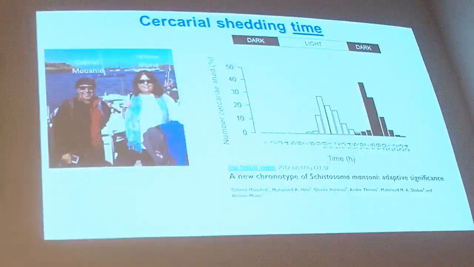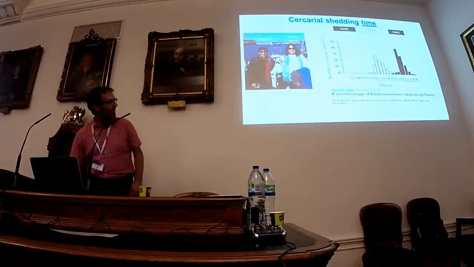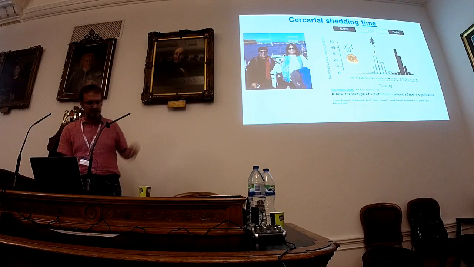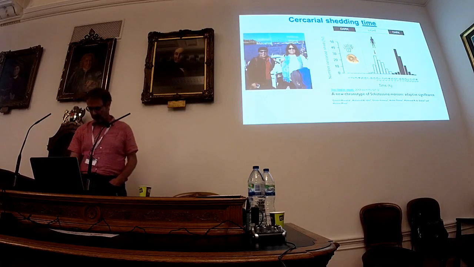This example particularly caught my eye. It's work by Gabriel Mouahid and Hélène Moné, who identified two populations of schistosomes in Oman. We have parasites that shed cercariae during the day and seem to be aimed at infecting humans.